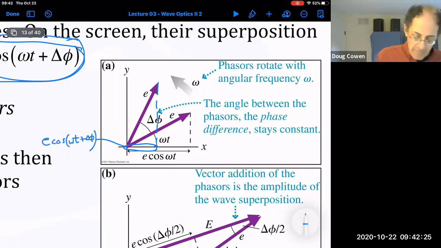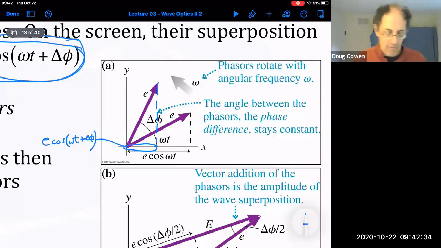In a similar way, if you take this phasor's projection down onto the x-axis, you get E cosine omega t.